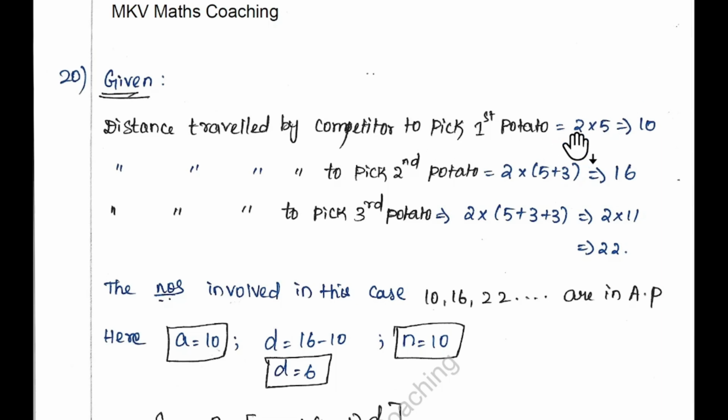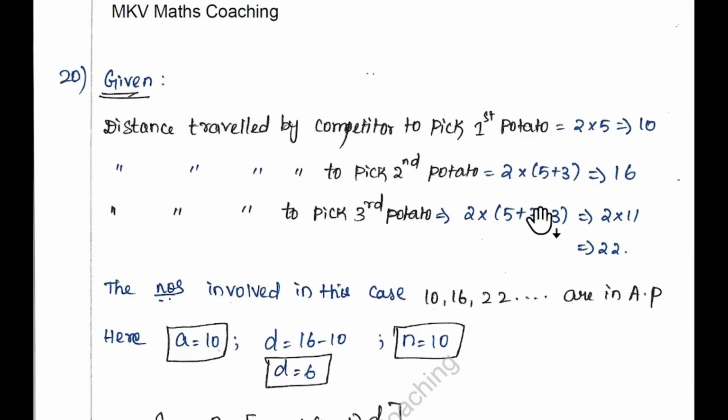So you have to multiply with 2. 2 into 5 will be 10. To pick the second potato, you have 5 meter distance and 3 meter distance, right? So every other potato is 3 meter after the first potato. So you multiply by 2, because of going and coming. So 2 into 5 plus 3 is 16.